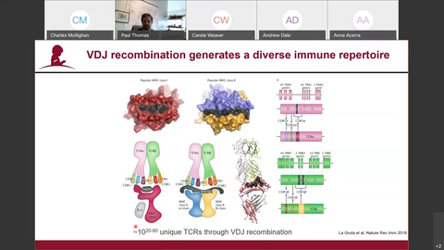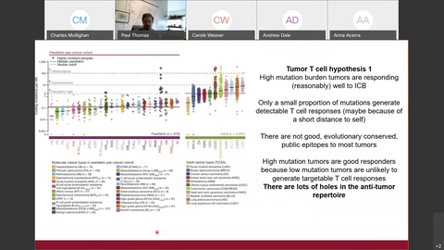This space is not explored completely randomly, and so there are T cell receptors that recur between individuals, so it's not a truly random process. But there is an enormous diversity, the highest level of diversity of any process that can be introduced into the human body.